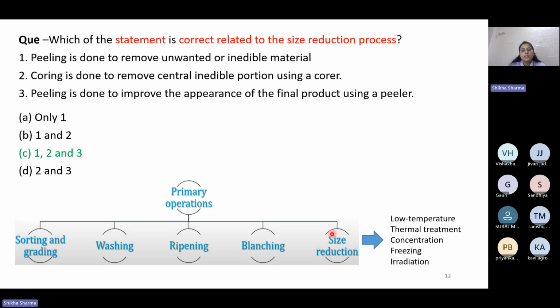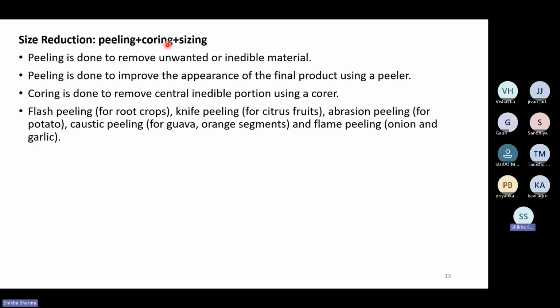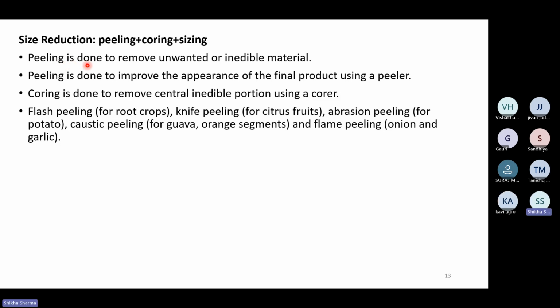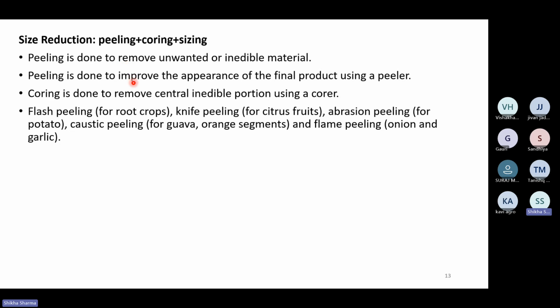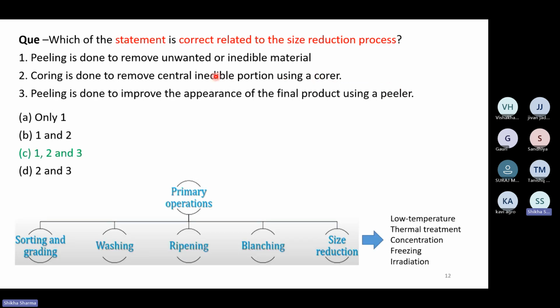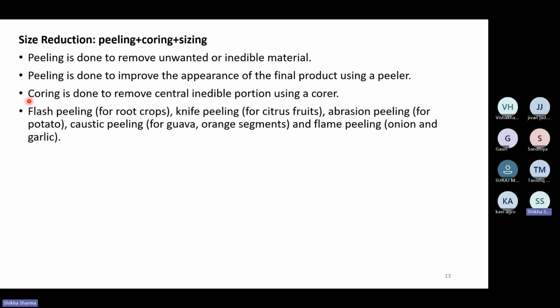In size reduction, what we are basically doing is peeling, coring, and sizing. Peeling is done to remove unwanted or inedible material, so statement 1 is correct. Peeling is also done to improve the appearance of the final product using a peeler, so statement 3 is also correct.